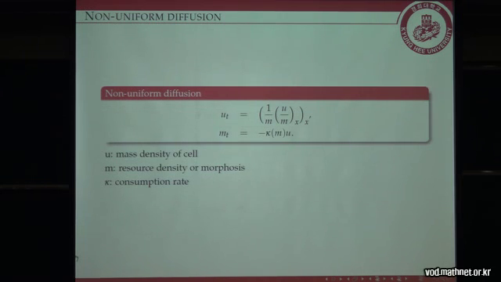So simply this is the non-uniform diffusion equation. The time derivative of u equals 1 over m times the x derivative of u of m, and this is a typo. Comma. Oh, right. Comma.